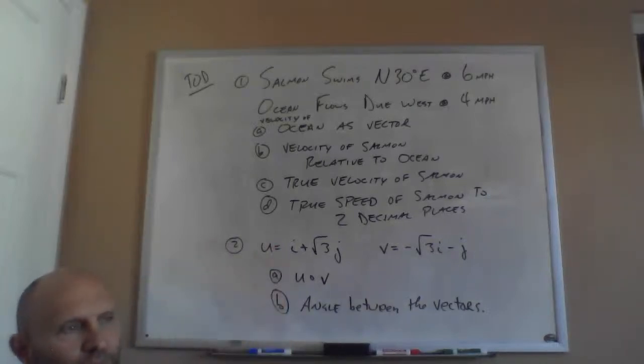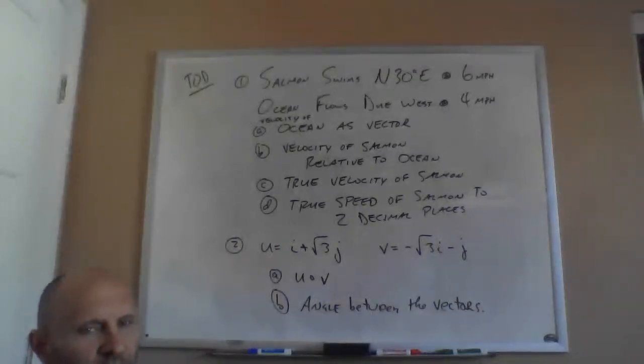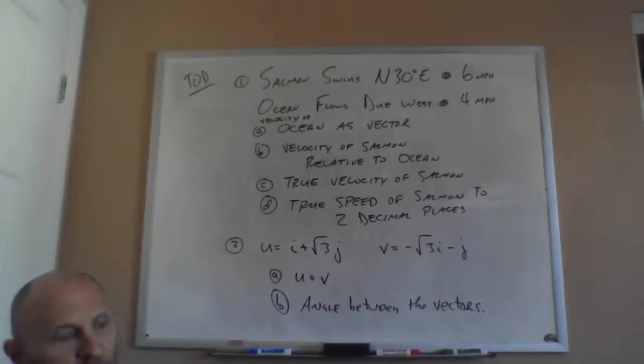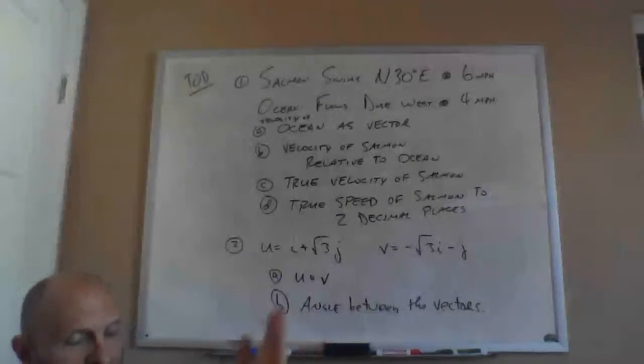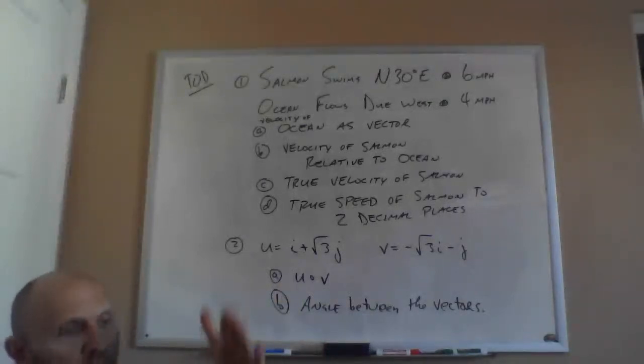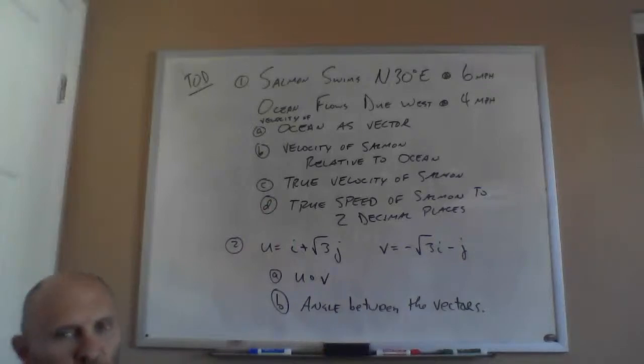And unfortunately, it makes you think that that's how you always set these up, but it's not. You need to account for the fact that a plane or a fish or a boat could be traveling in a direction other than due north, due east, etc.